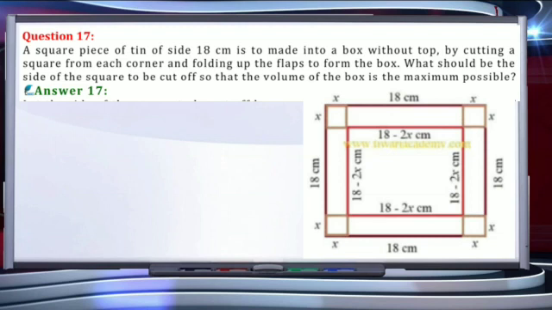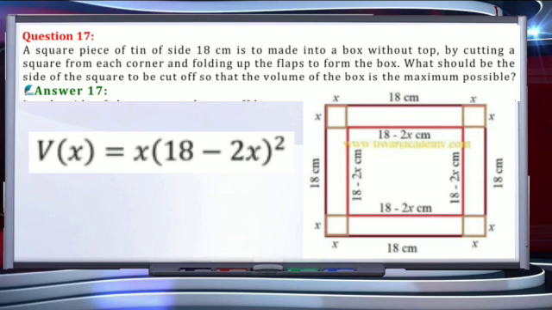So the volume of the cuboid will become x into (18 minus 2x) whole square. If we consider the volume function as V(x), that becomes x into (18 minus 2x) whole square.